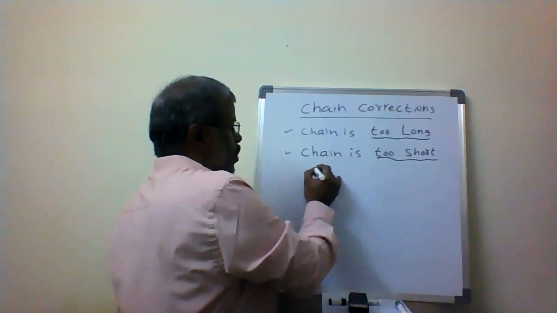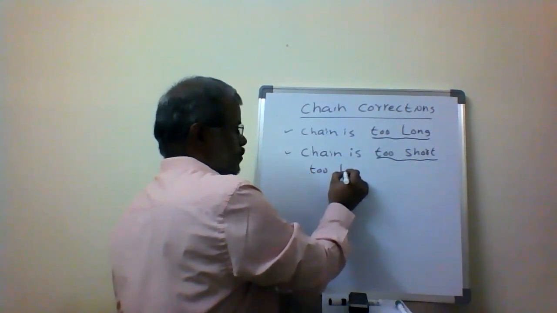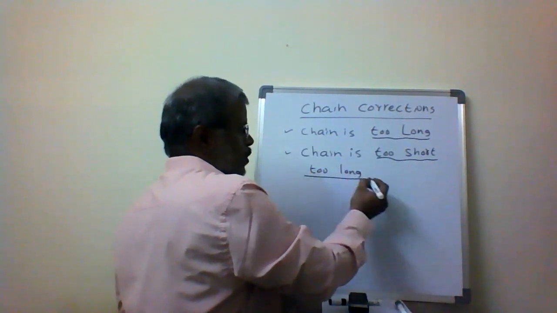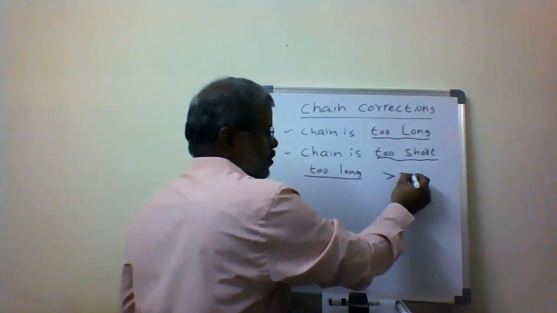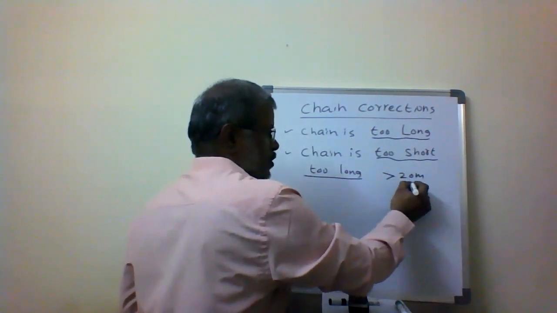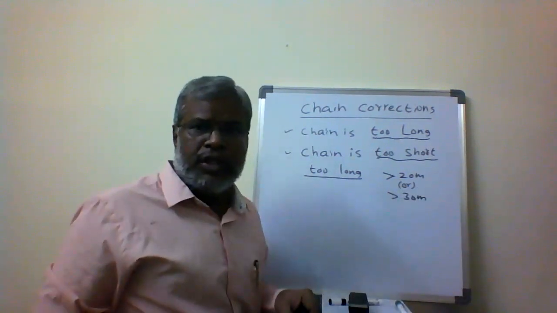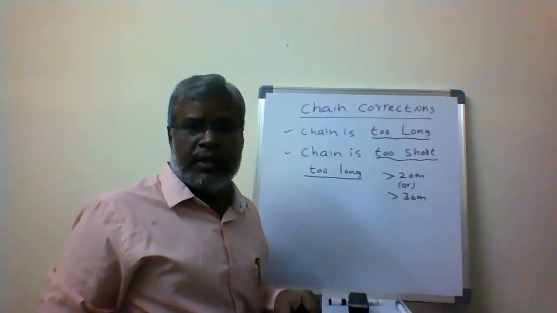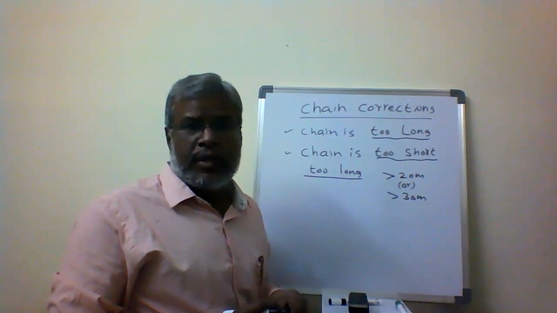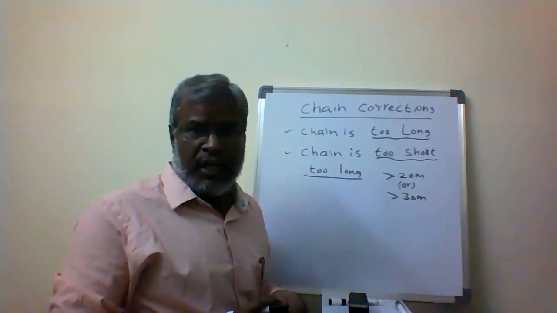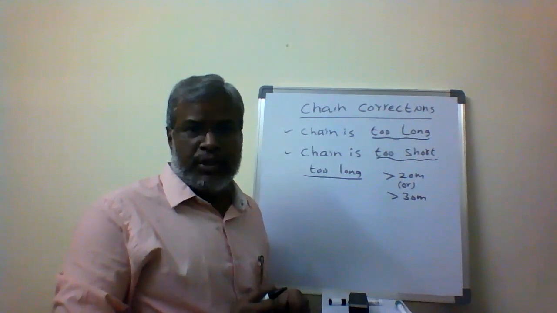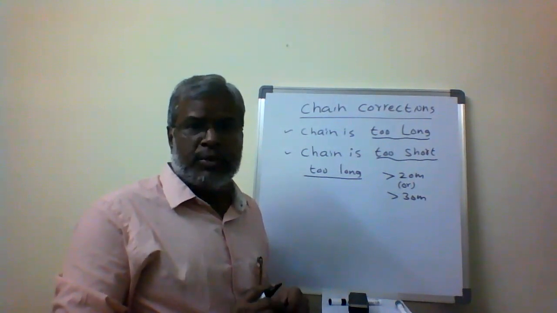If the chain is too long, it means it is greater than 20 meters or greater than 30 meters. 20 meters and 30 meters are the standard metric chains available for measuring linear distances.